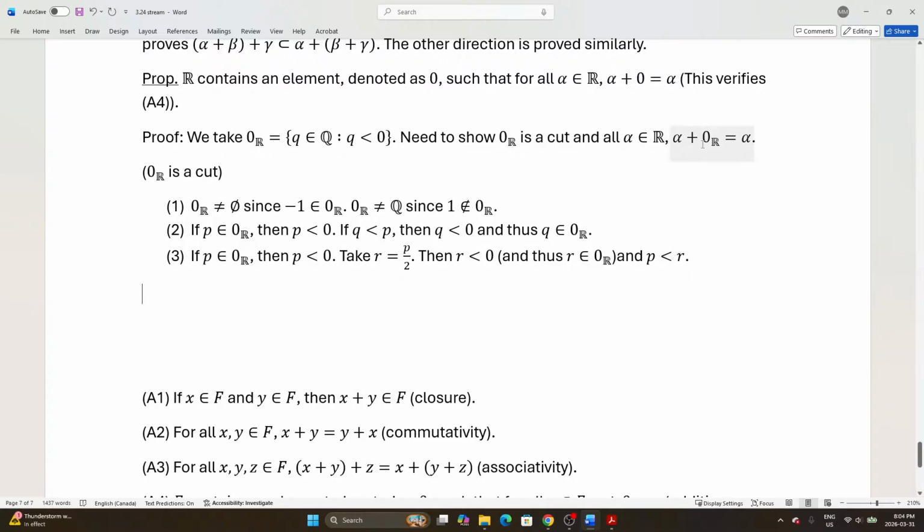Okay, we need to show the identity. So now let alpha in the reals be arbitrary. Let's prove the identity. Once again, this is an equality statement between two sets, so we need to prove both directions.